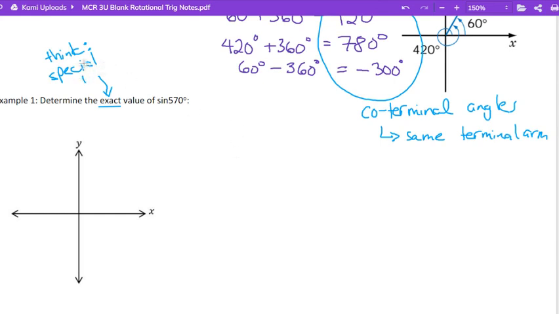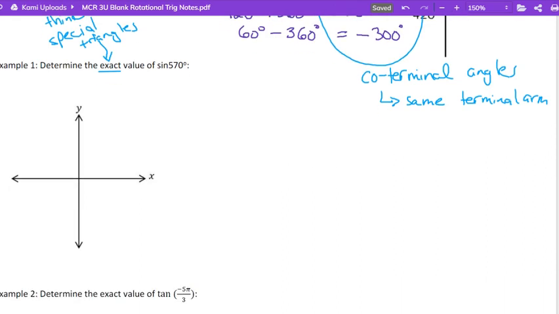Whoa. What is that, Miss Sly? Special triangles. If it's sine 570, am I rotating clockwise or counterclockwise? Counter, because it's positive. All right.